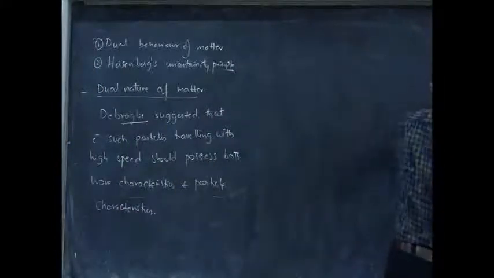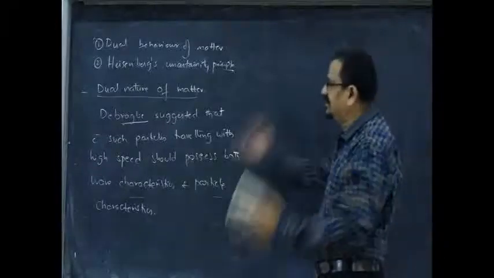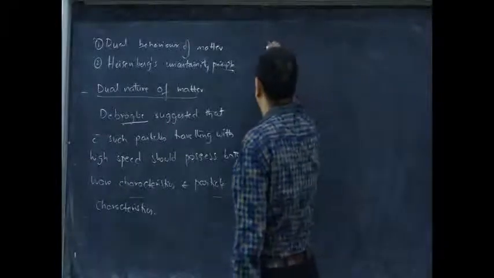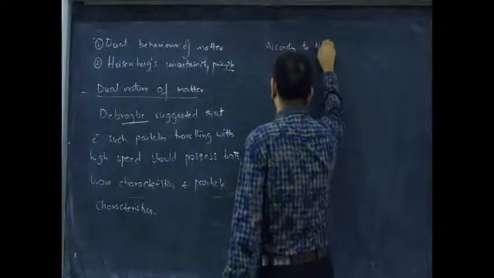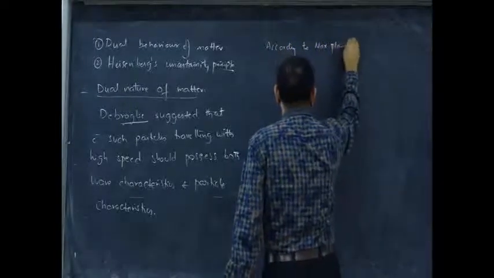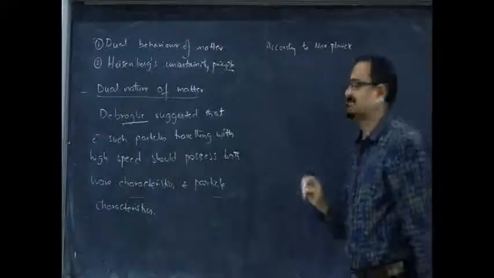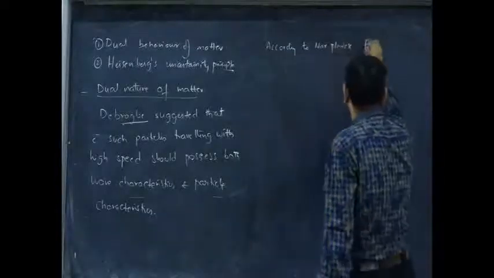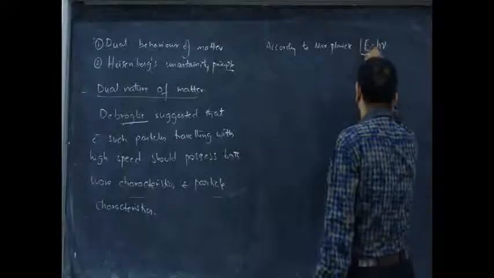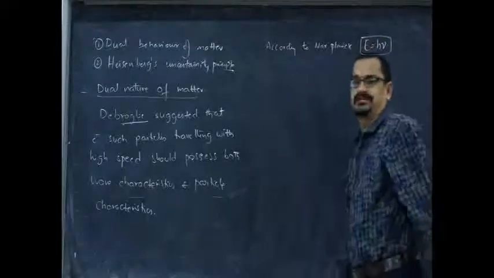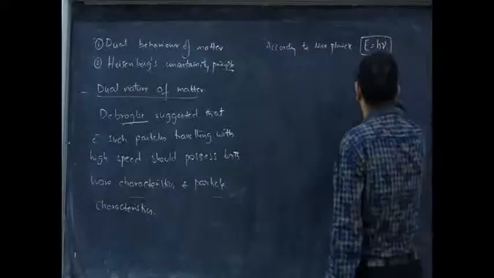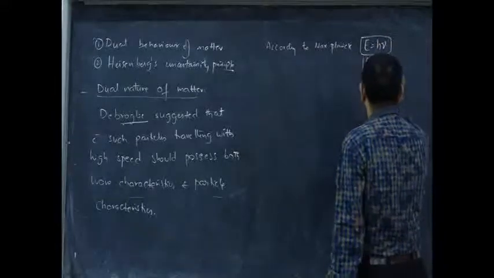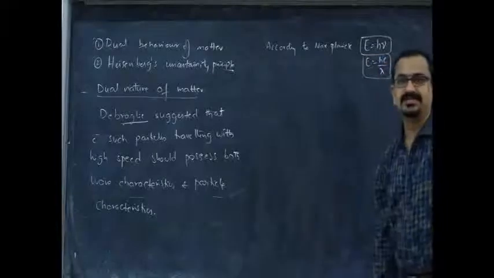De Broglie used two relations given earlier. According to Max Planck, what is his equation? E equals h nu, where E corresponds to the energy of the quanta. That is E equals hc by lambda.